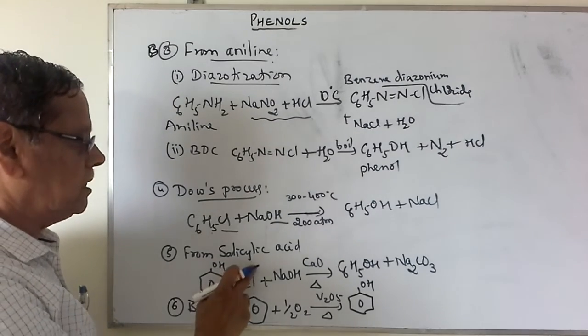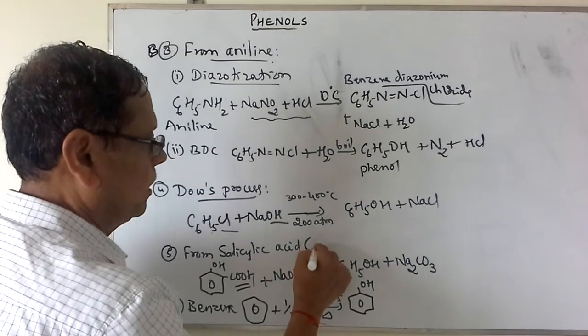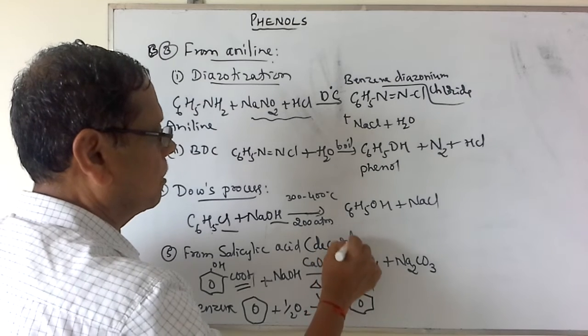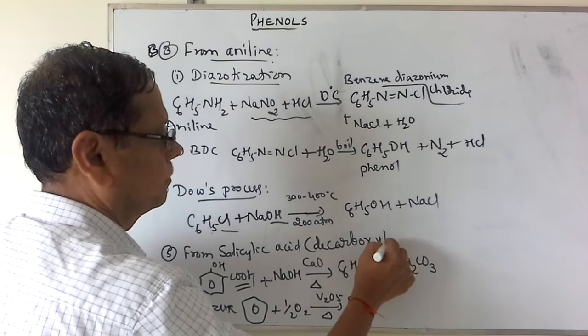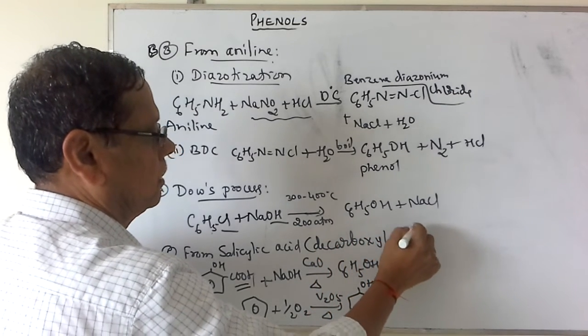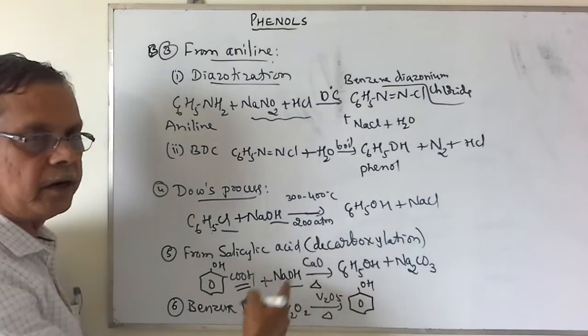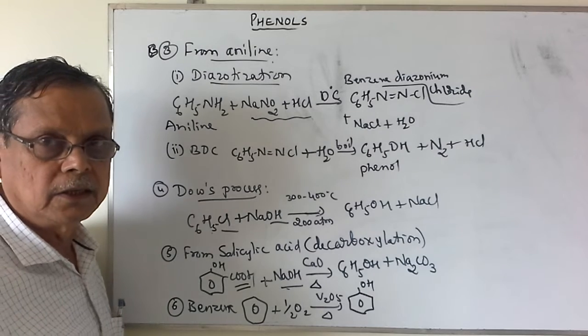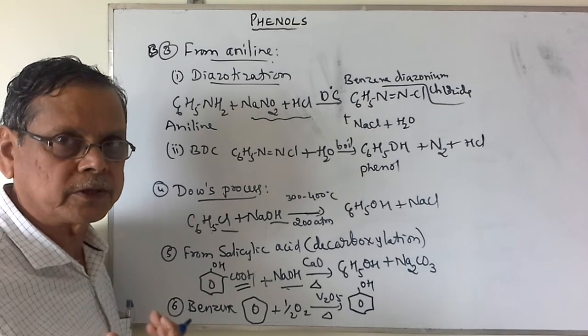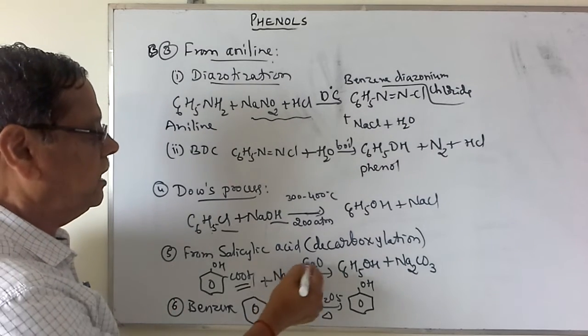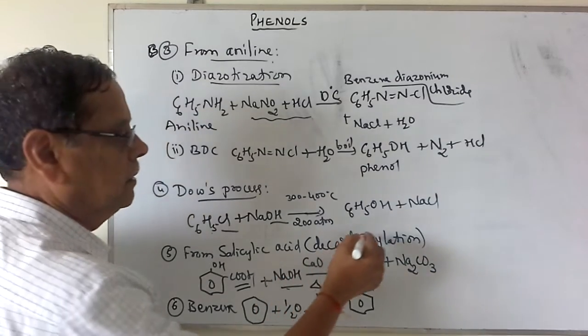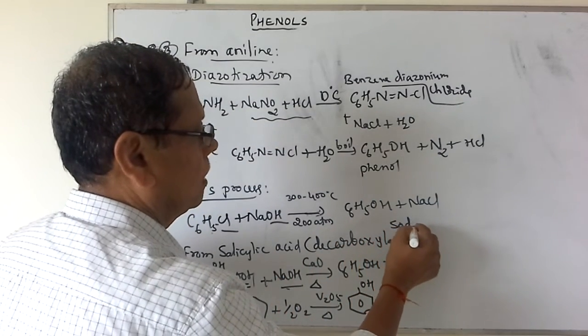Similarly, from salicylic acid by decarboxylation. This process we call decarboxylation. For decarboxylation reaction, we use the mixture of sodium hydroxide and calcium oxide. Solid sodium hydroxide, calcium oxide mixture. That is actually named as soda lime.